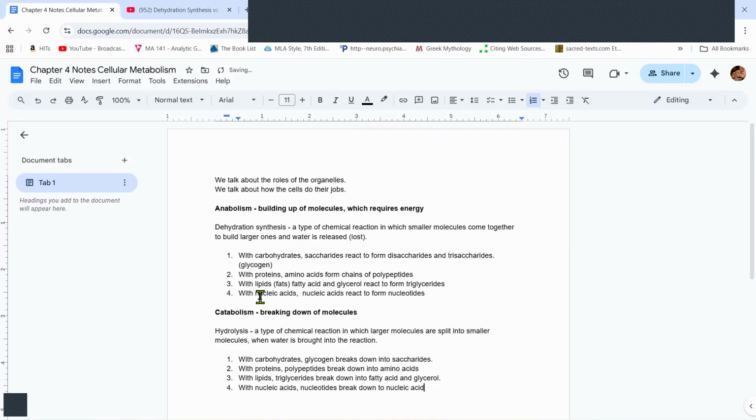So it's just the opposite of what we did before, and you could call this polypeptides, or you could call this proteins, because the other proteins break down into amino acids. So it's the opposite of this reaction at the top.